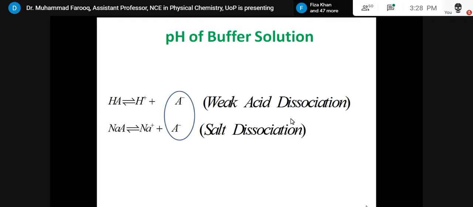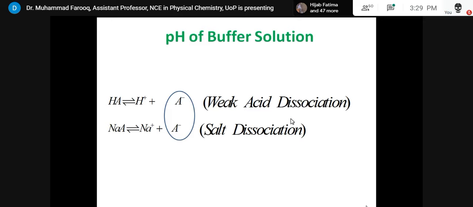Now, take sodium acetate, the salt, for example NaCl. When it dissociates completely, with 100 molecules there, 100 Na plus and 100 A negative will be produced. Now you can see that HA produced 2 A negative ions, while the salt produced 100 A negative.